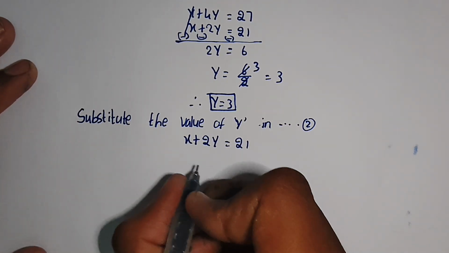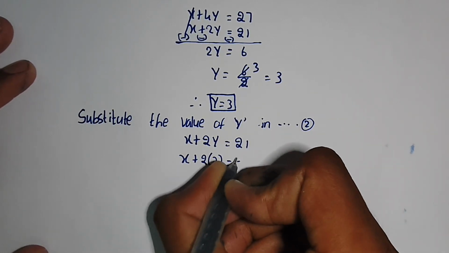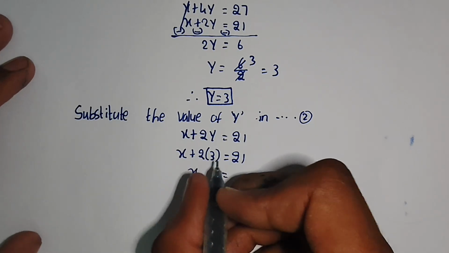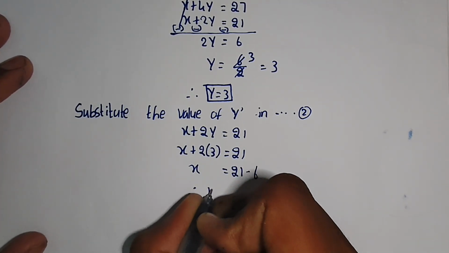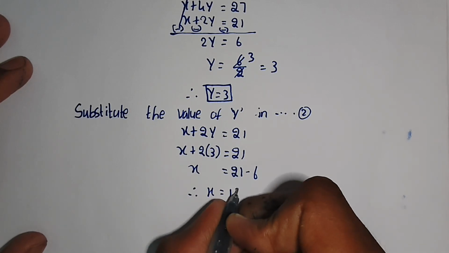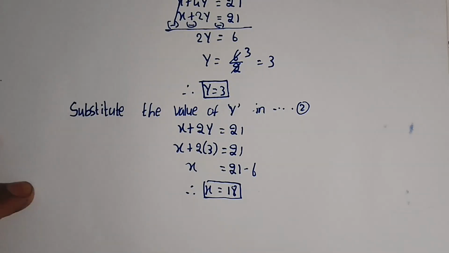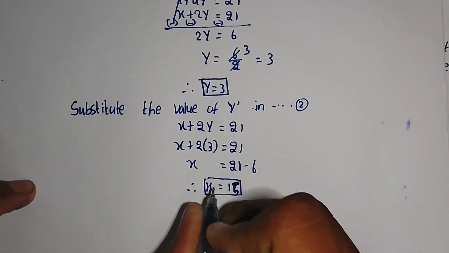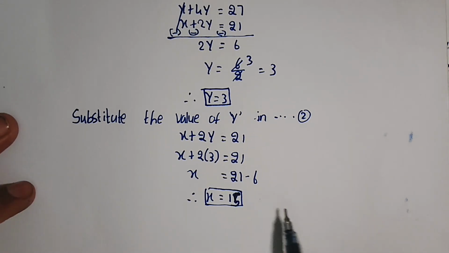Here the value of y is 3. x plus 2 into 3 equals 21. x equals, I am going to transpose the 6 to the right side, then it becomes 21 minus 6. So 21 minus 6 is 15. So we got the value of x is 15. So we got the value of y and the value of x.